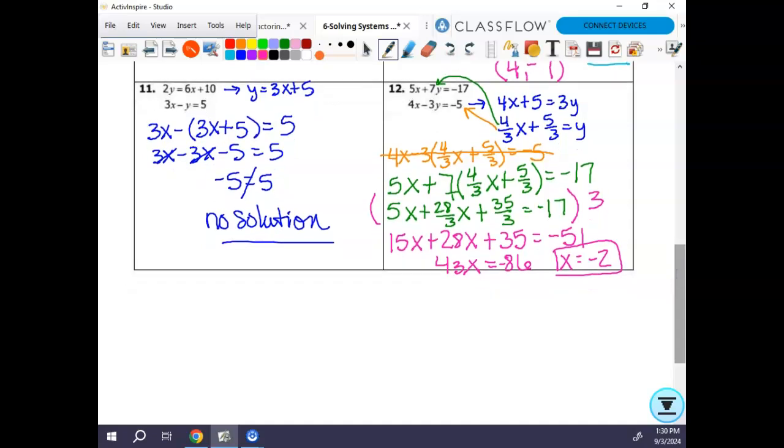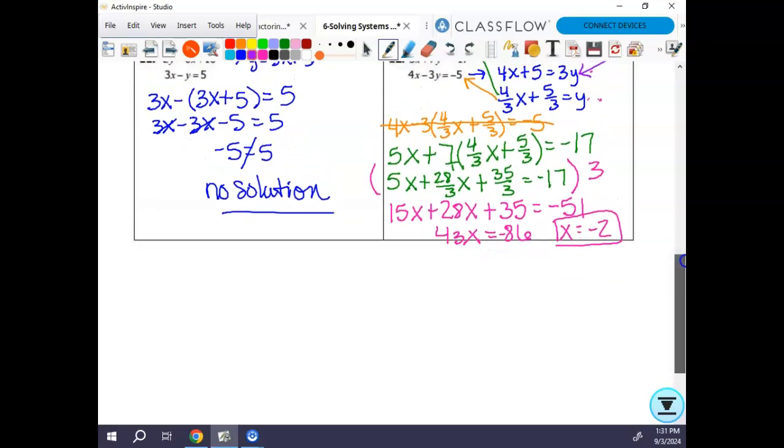And then do I want to substitute it back in right here? I can, but do I have to do it in this one? No. If you don't want to do the fractions, substitute it in here or one of these. At this point, it doesn't matter. You can substitute it into anything. And so let's just do this version. That'll work.